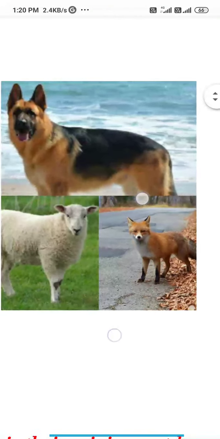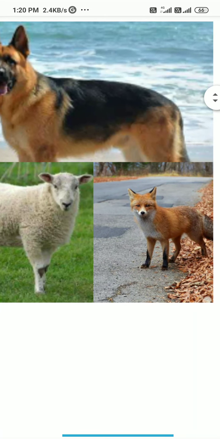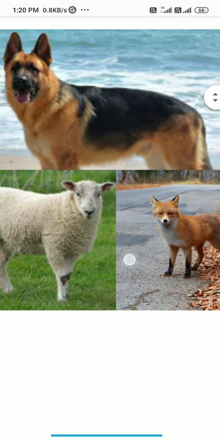Observe the structure of the mouth and nose of these animals. You will see that the structure of mouth and nose, and their position, is the same in all three mammals.